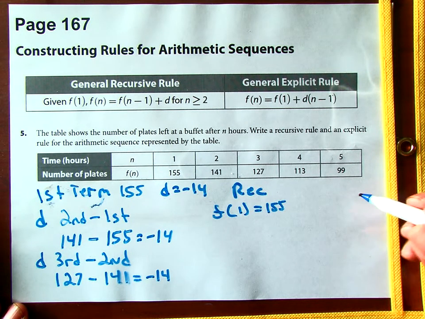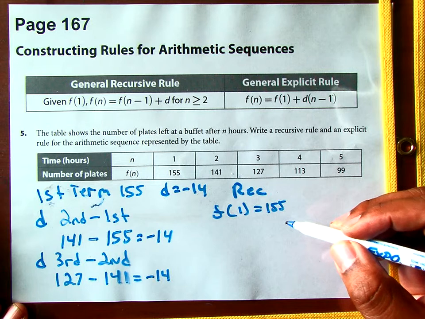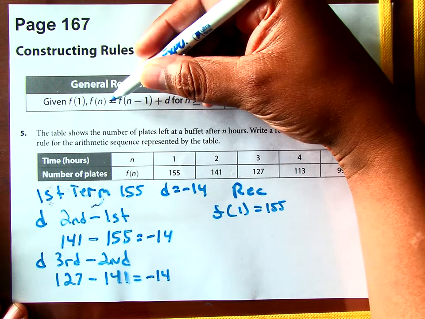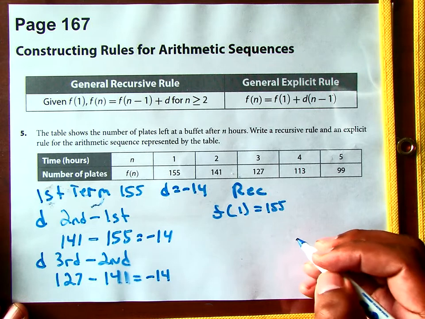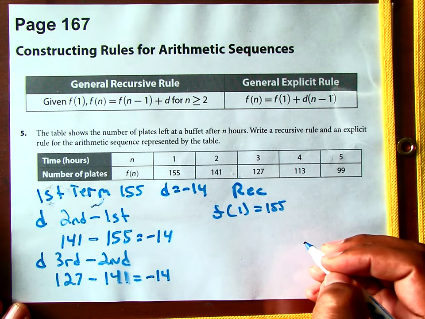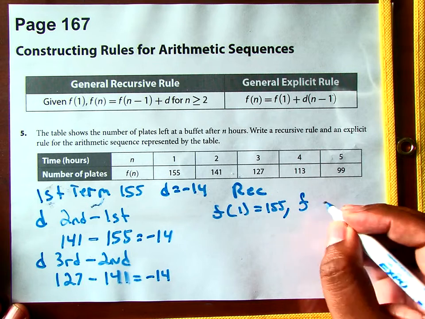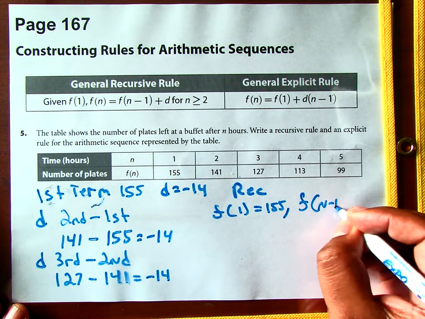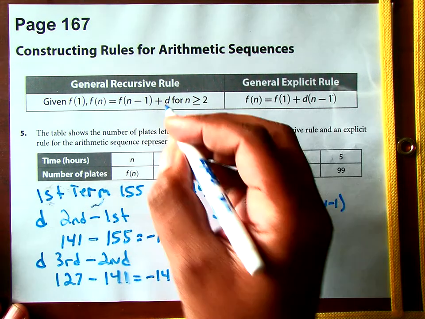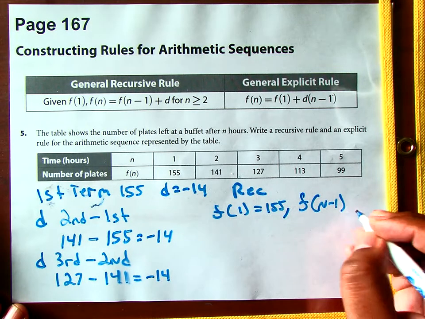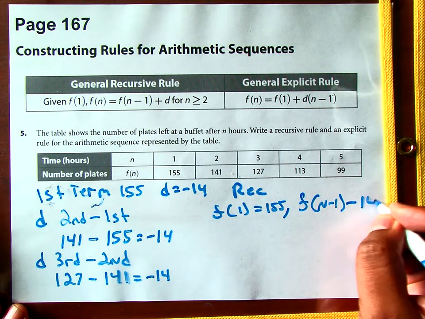Okay. Now, the next thing I'm going to do is fill in the rest of this. All of this will stay the same. Every last bit will stay the same right here. So I'm going to put a comma to separate that. And I'm going to say f of n minus 1 stays exactly the same, plus d. Well, d is negative 14, so I'm going to put a minus 14 here.